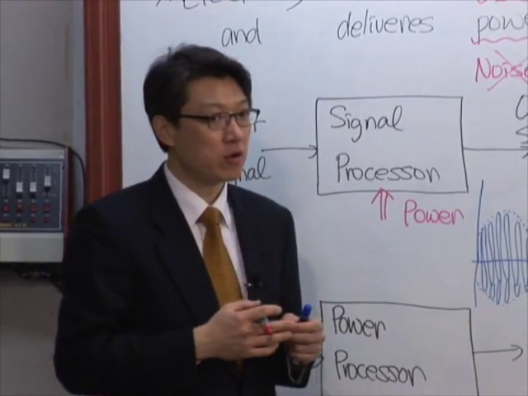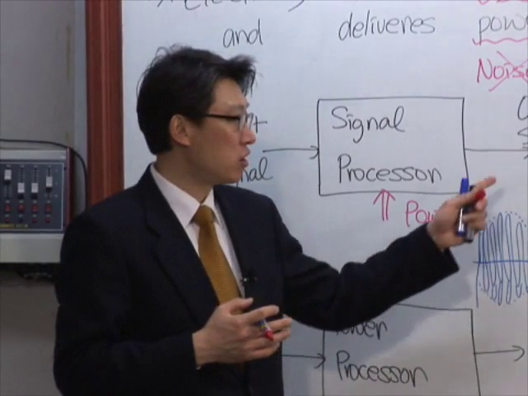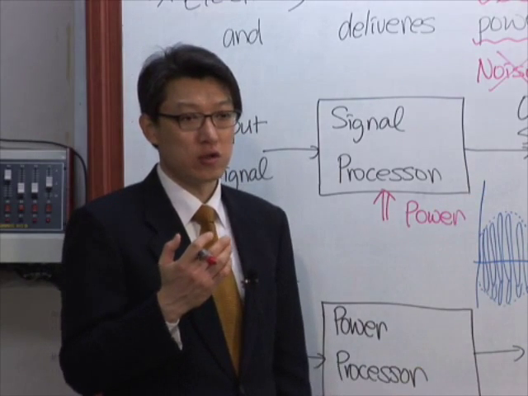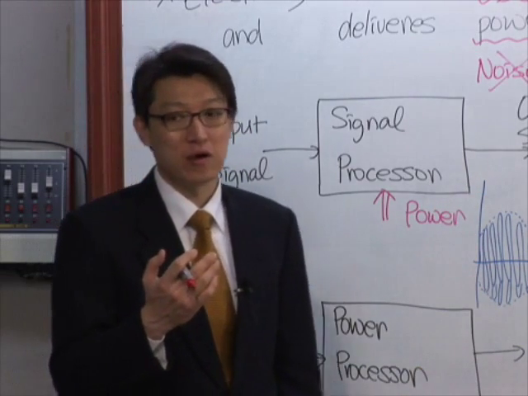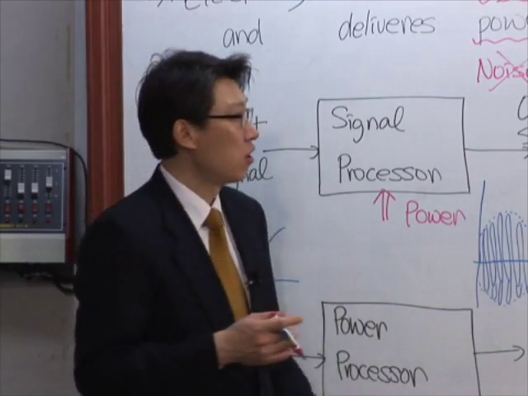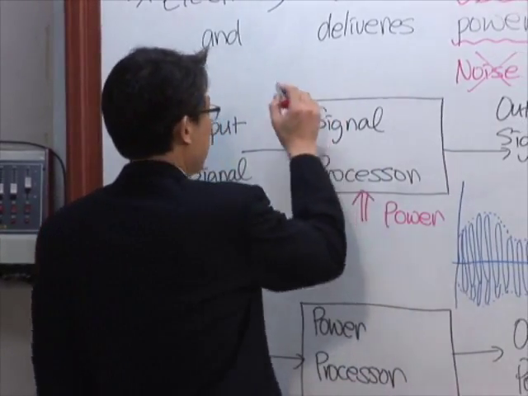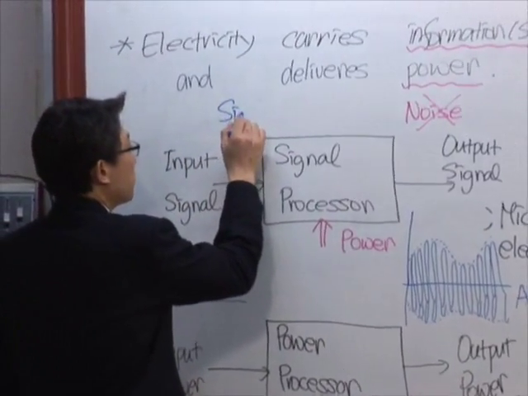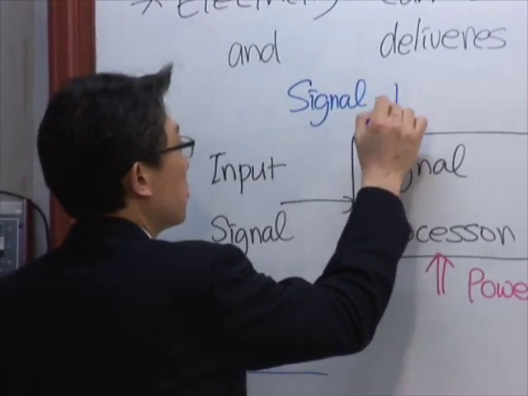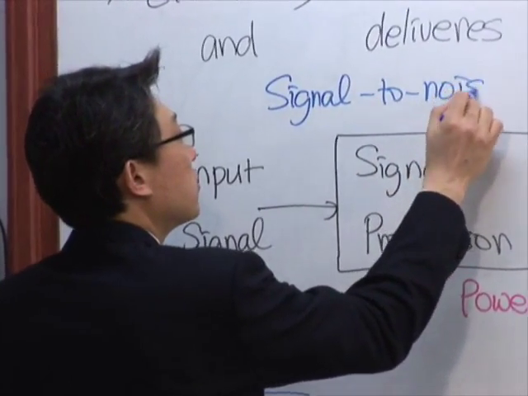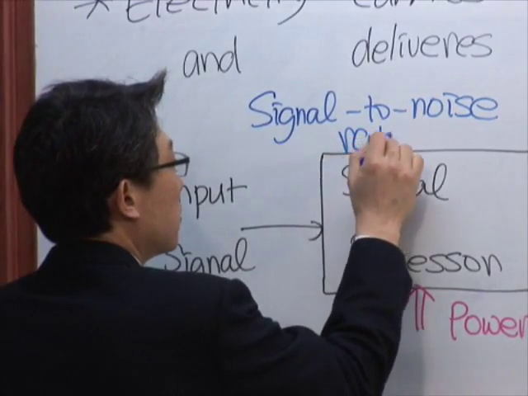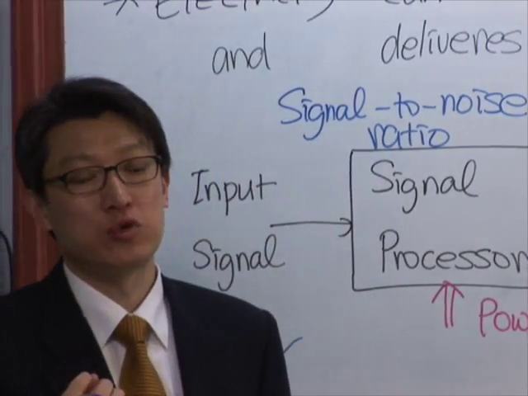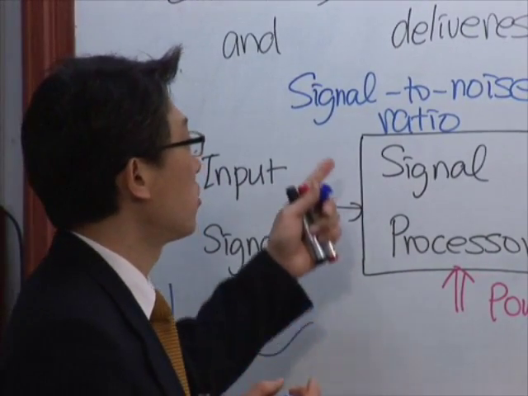When you listen to radio, does it always have good quality? No, it has some noise. So a good signal processor, or a good radio, can eliminate noise. So the performance factor is signal to noise ratio. 신호 대 잡음비, signal to noise ratio. That is a good performance factor. 하나의 그 성능 지표죠. Signal to noise ratio.